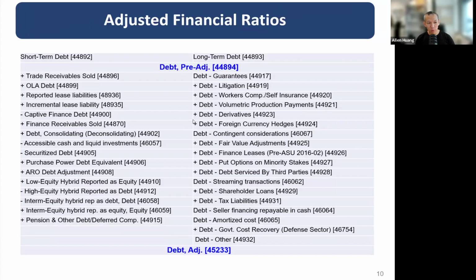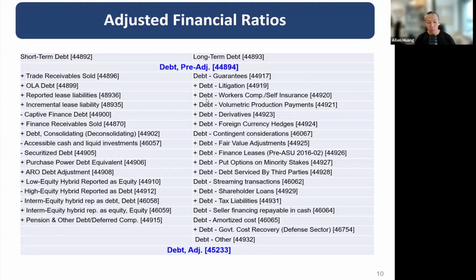For example, for the debt number that they use, they start with the short-term debt and long-term debt of the companies, and then they make a very large number of adjustments. You can ignore the numbers over here. They're not numerical values, they're more like identifiers. If you remember back in the days when we used Compustat, they have item numbers. Think of them as the item numbers.